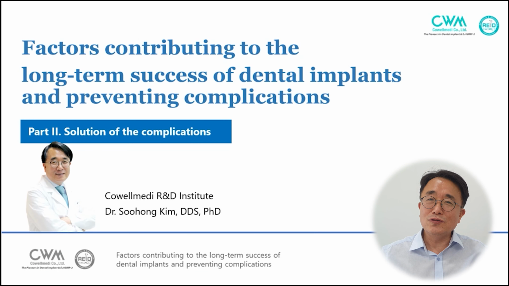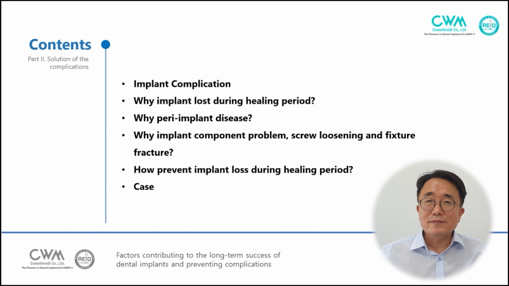I would like to introduce factors contributing to the long-term success of dental implants and preventing complications. The contents are composed of implant complications, why implants are lost during the healing period, why peri-implantitis disease occurs, why implant component problems, screw loosening and fixture fracture occur, how to prevent implant loss during the healing period, and lastly I will introduce cases.